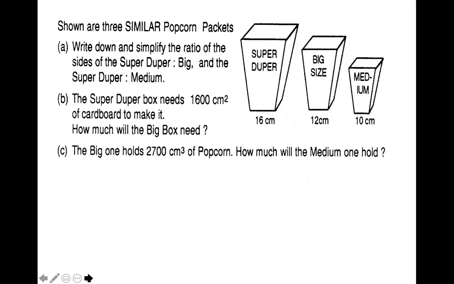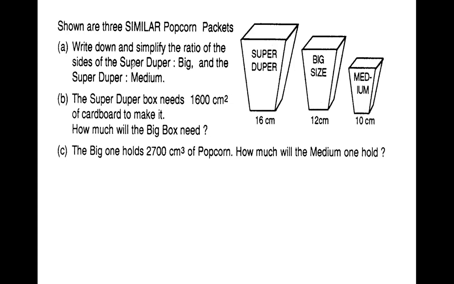So in this exercise, what we've been asked is to write down the ratio of the sides of the super duper, which is the big, and the super duper and medium. Oh, sorry, super duper and big.